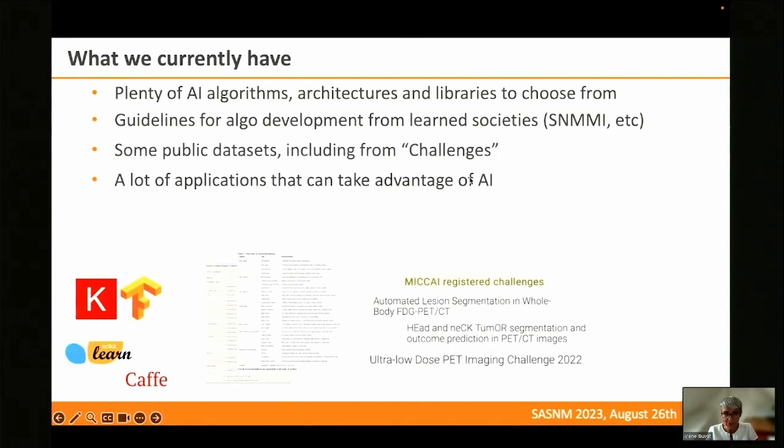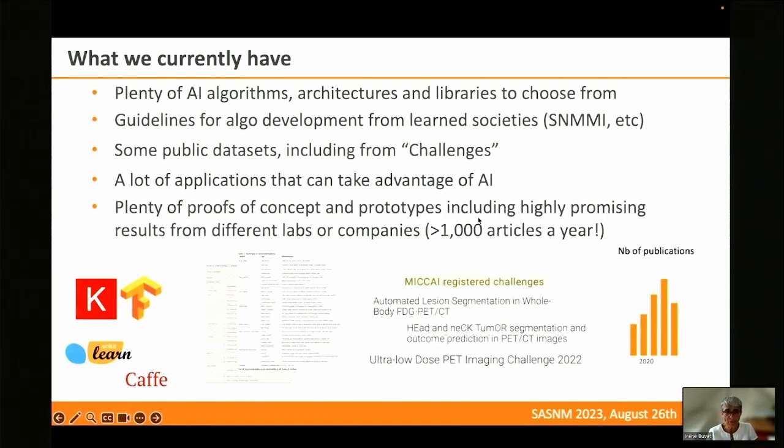We have a lot of applications that can take advantage of AI, as I mentioned before, and we have plenty of proofs of concept and prototypes, including highly promising results, produced by different labs or companies. Remember that there is a huge number of publications every year.